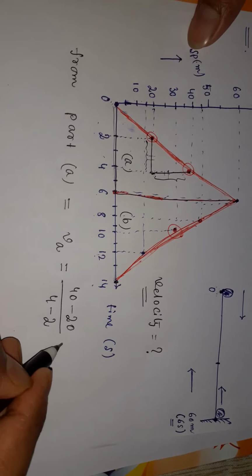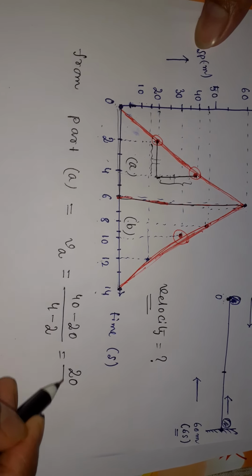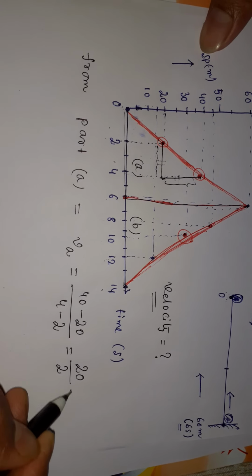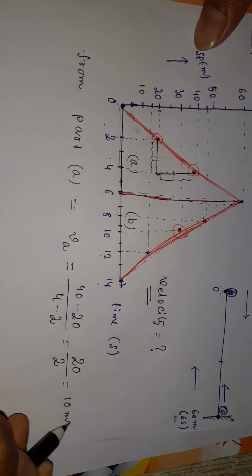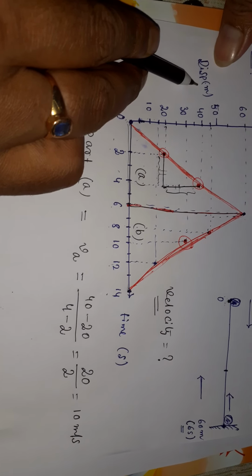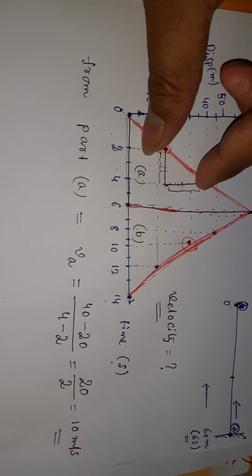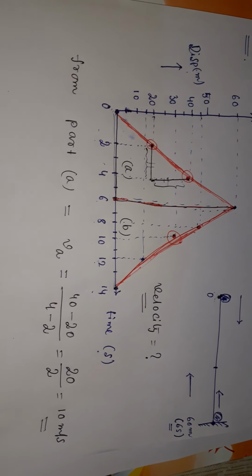If you calculate 40 minus 20, you get 20, and this gives you 2. So 10. What is the unit here? Meter is the displacement unit, and second. So meter per second will be the velocity of this first part. Maybe you understood that.